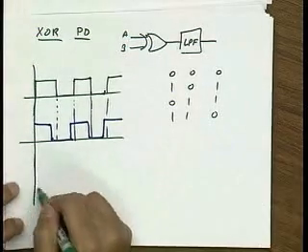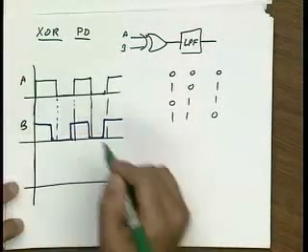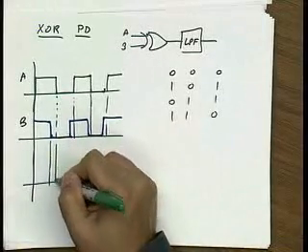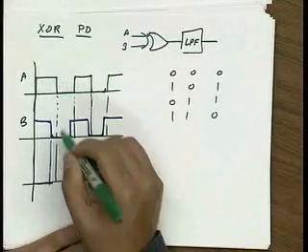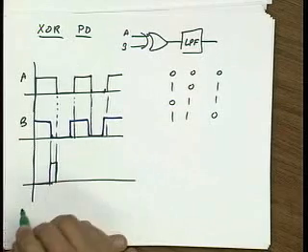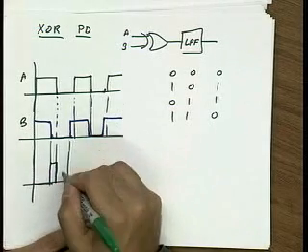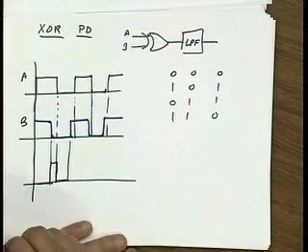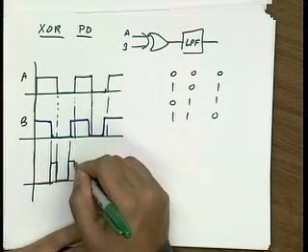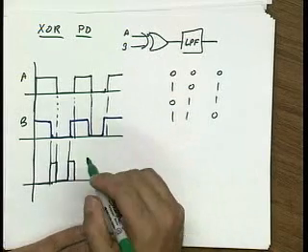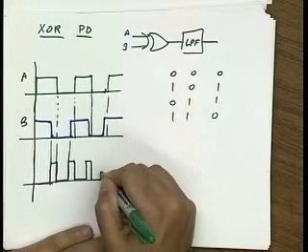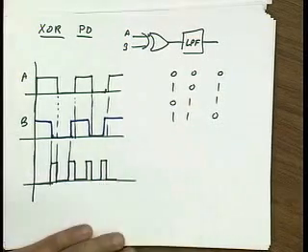So this is A, this is B, but when the inputs are both 1, I generate 0. Now only one input is 1, so this gives me VDD output. And then it goes back down to 0. Both inputs are 0, so it remains 0, until again both are equal to 1, and then it goes back to 1 again. And so you can see here that this circuit is only 1 when the inputs differ.